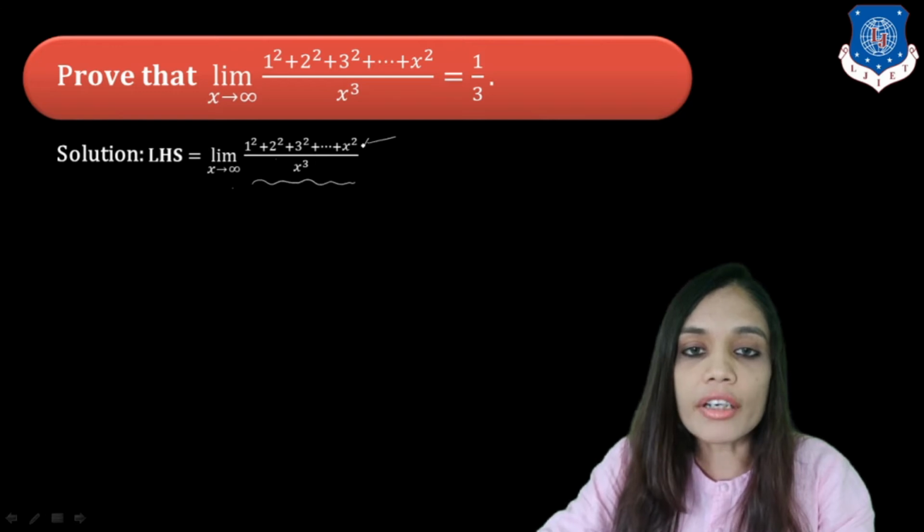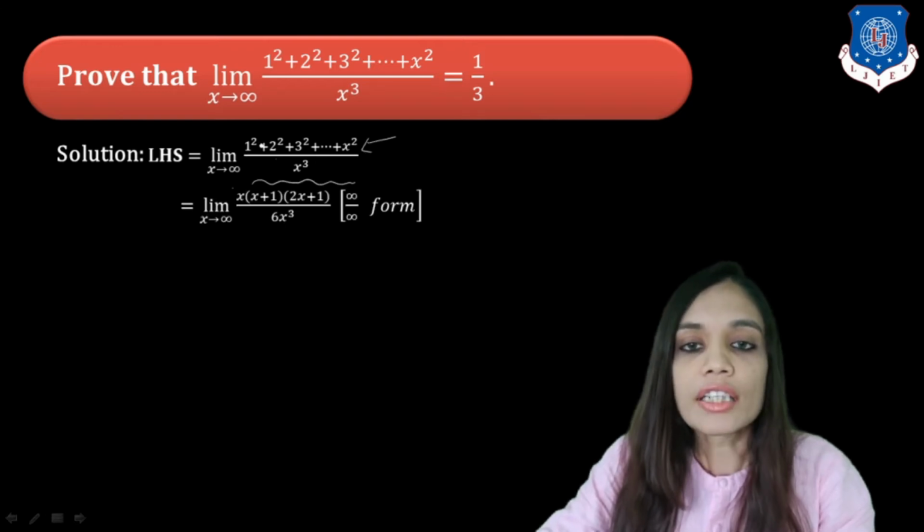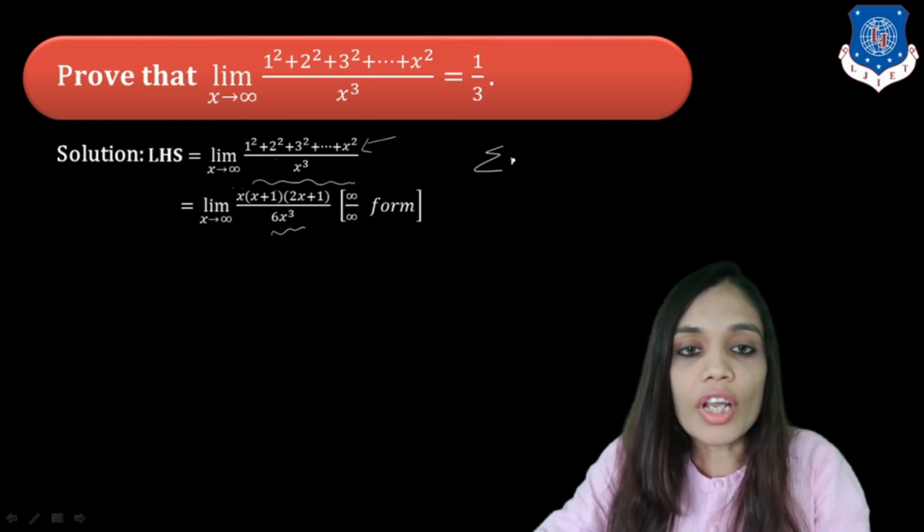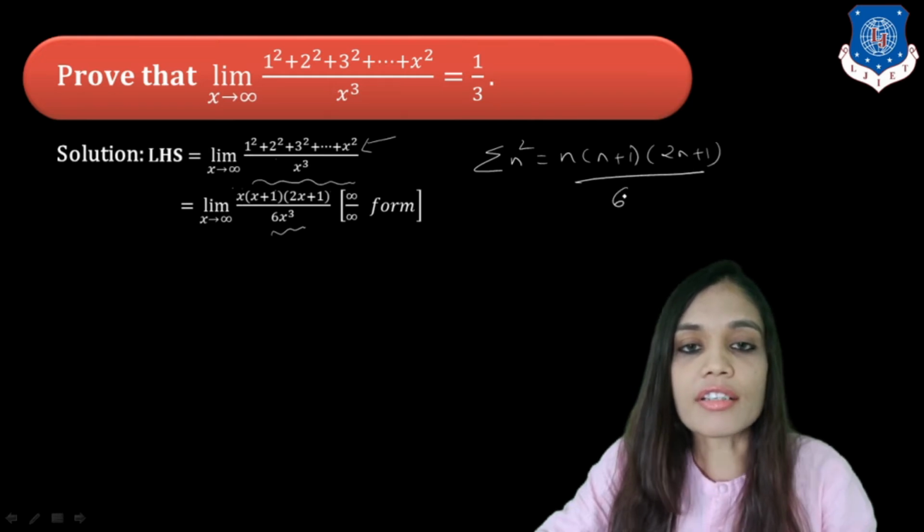Now in the numerator we will use our formula, that is sigma n square, that will give us x into x plus 1 into 2x plus 1 upon 6x cube, because the formula is sigma n square is equal to n into n plus 1 into 2n plus 1 upon 6. Right?